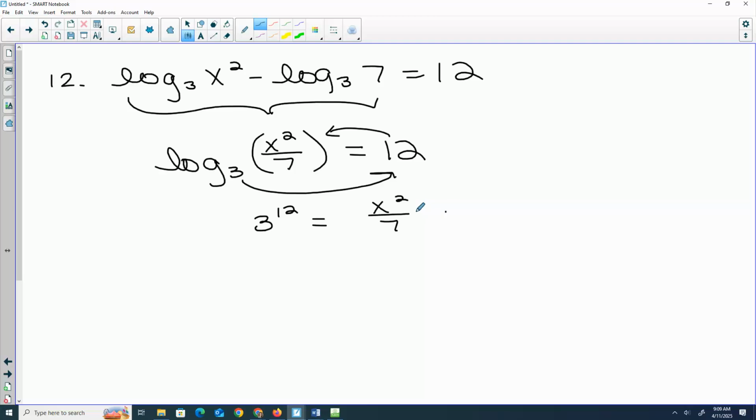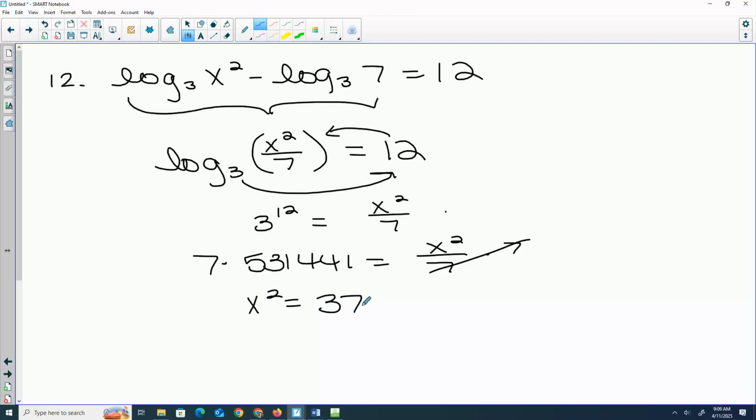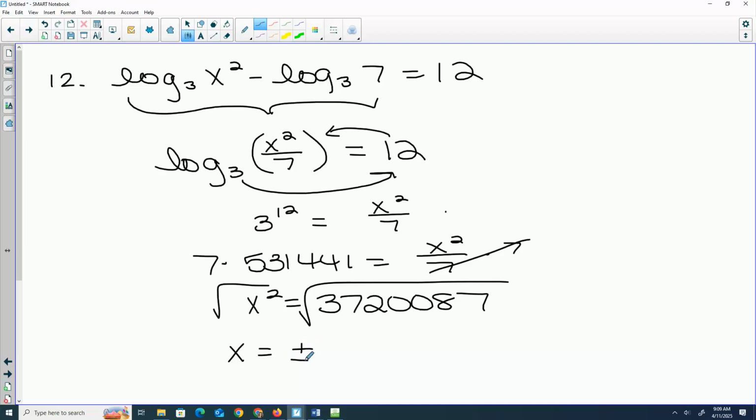So 3 to the 12th is a very large number. And then we have to take it times 7. And then how do you get rid of the square? No. With that, you have to do plus or minus.